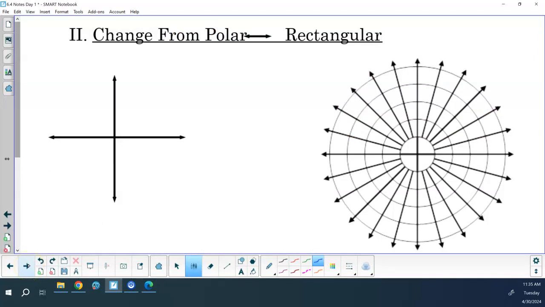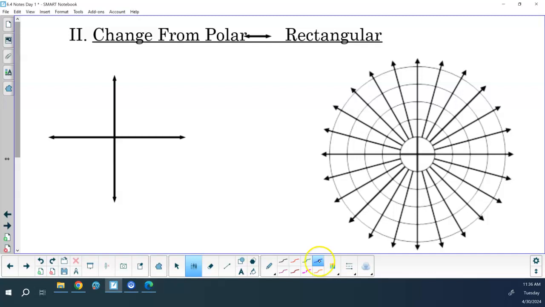Okay? So, if I want to change back and forth between polar and rectangular, that is the true definition.